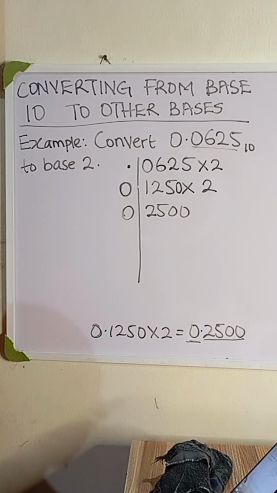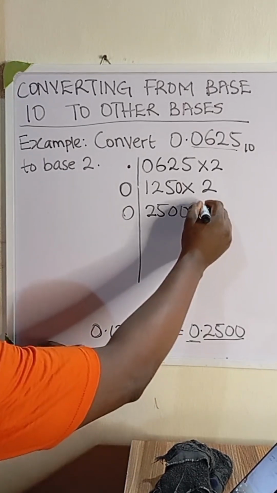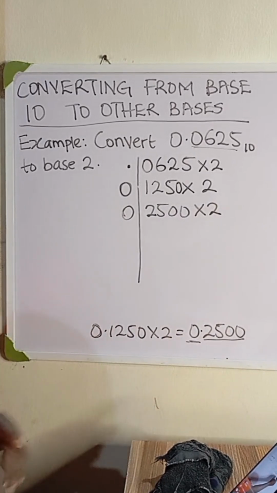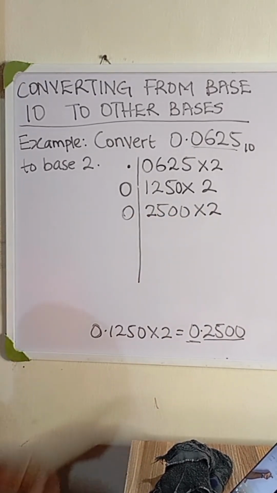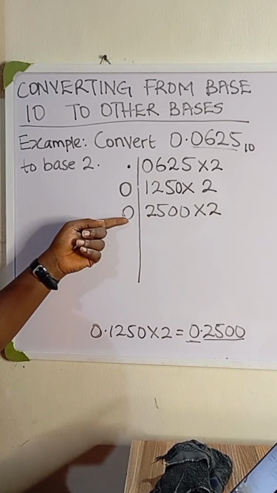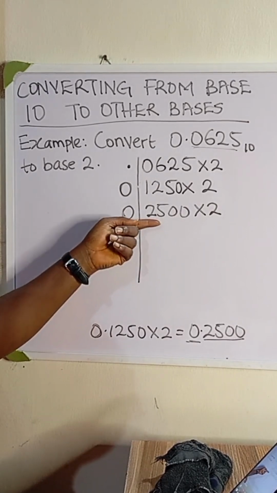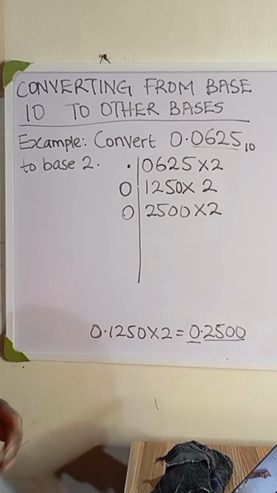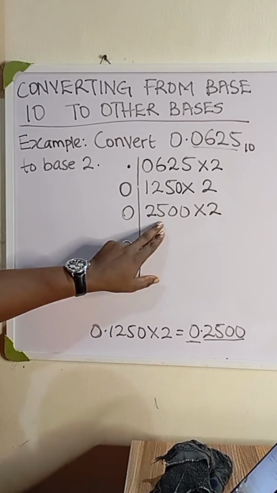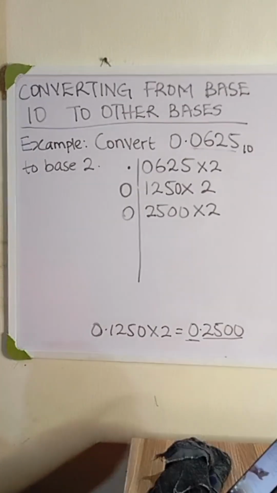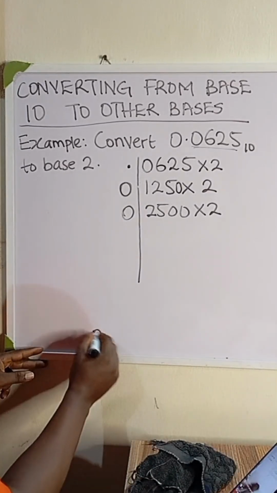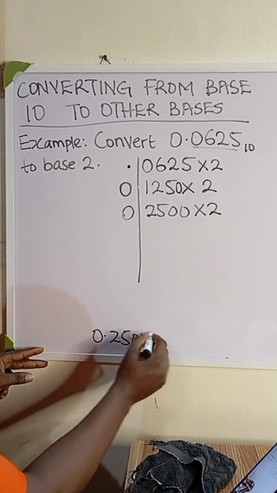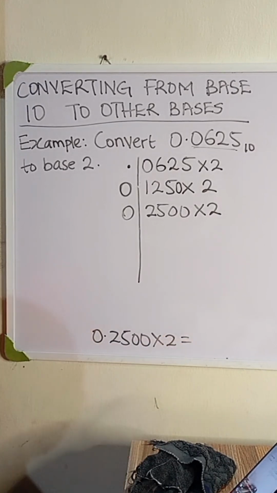Okay, and then you multiply again by 2. Our target is to make all the decimals become 0, and then to get a value here. So when you multiply 0.2500, what are you going to get? Someone is asking why 2500.